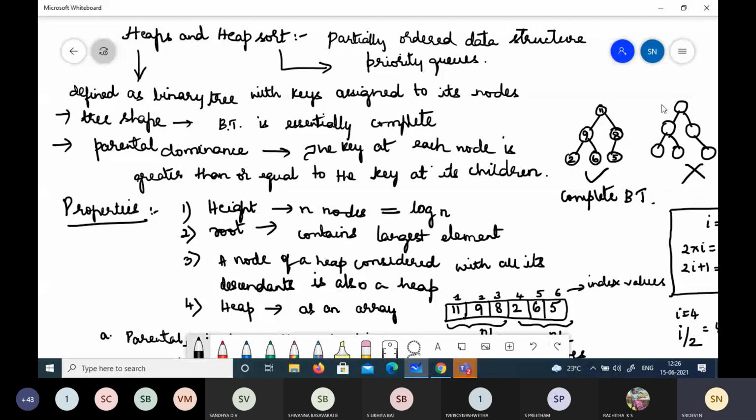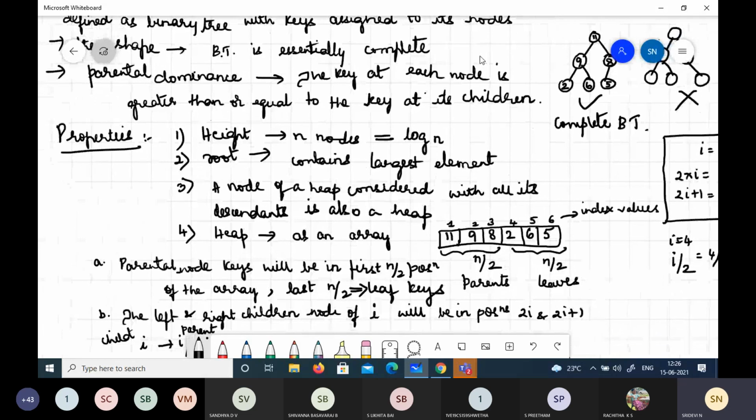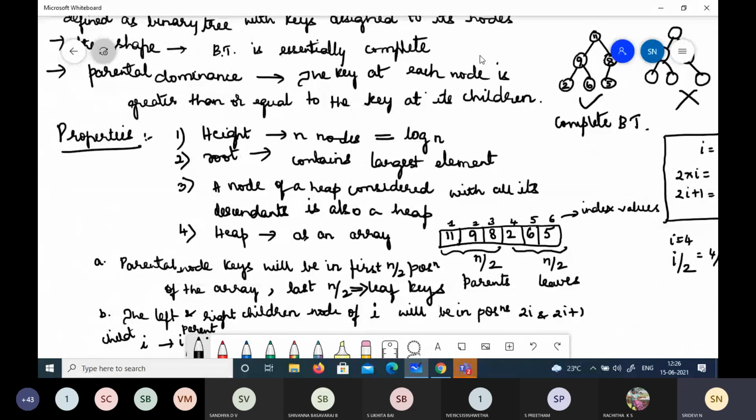So what are the important properties of this heap? If there are n nodes in a tree, the height will be log n, and the root always contains the largest element. If you consider any node, its descendants will also form a heap. You can implement a heap as an array, and we have implemented this example tree in the form of an array.